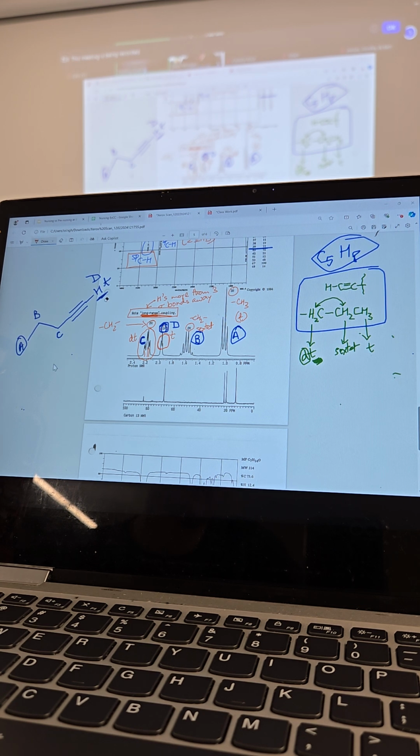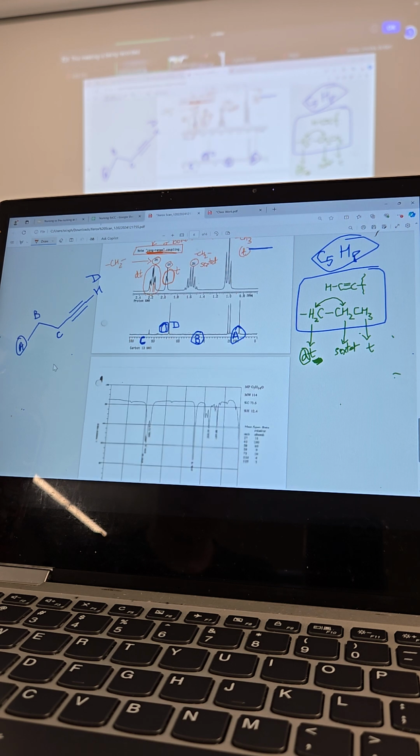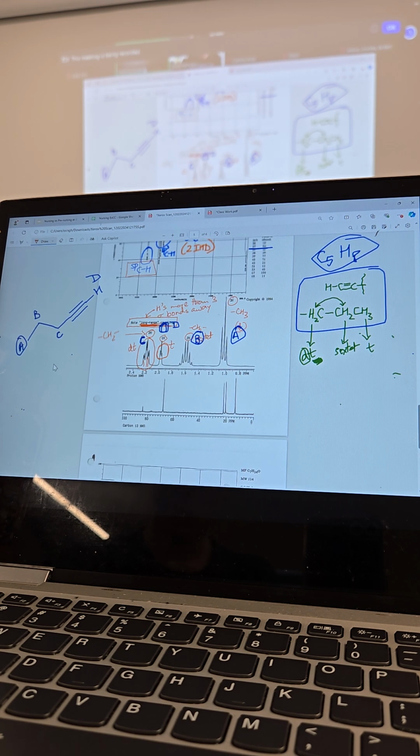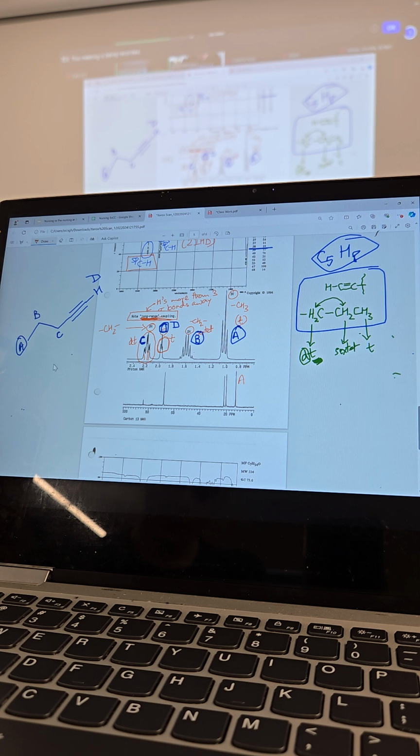Okay, what about the carbon assignments? We have 5 signals, A, B, C, D, E. Let's do that. And since you guys don't like the arrows as much, I won't use that. So do you guys agree that's carbon A?